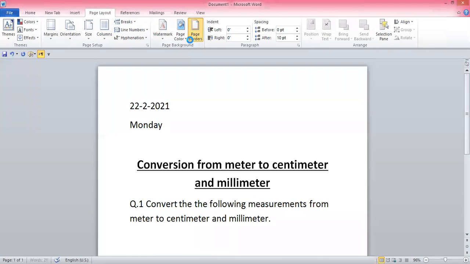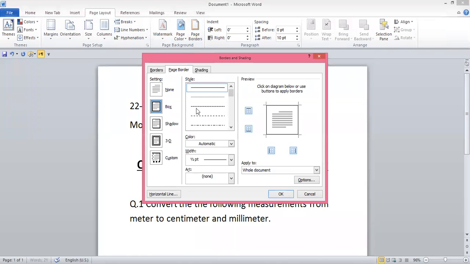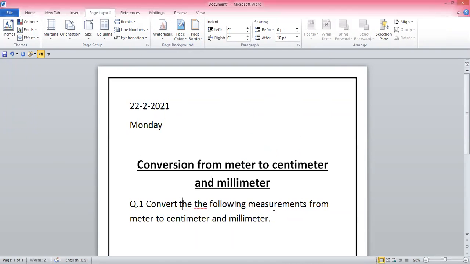Take out your notebooks, guys, and start writing, please. Convert the following measurements from meter to centimeter and millimeter.